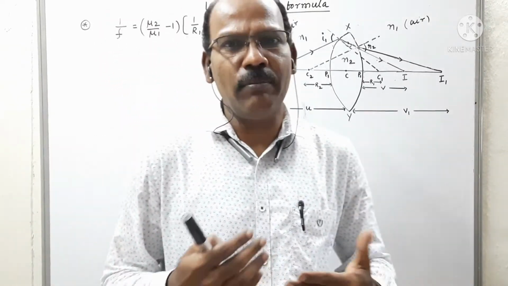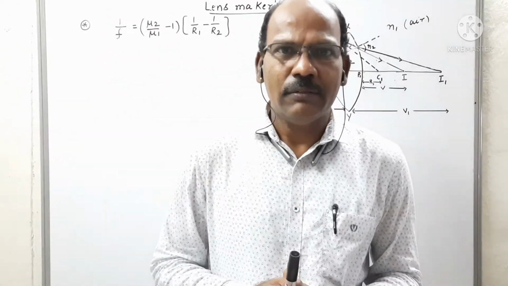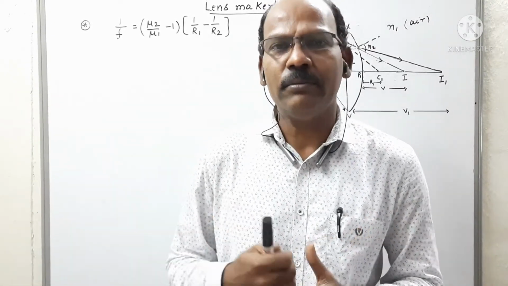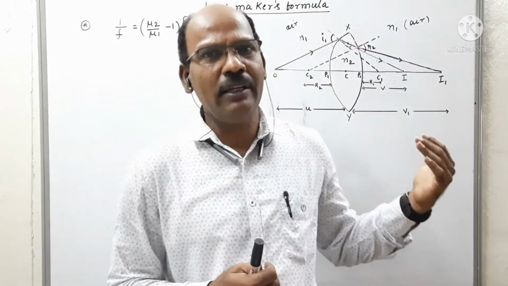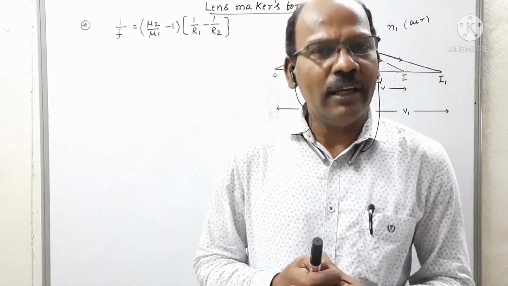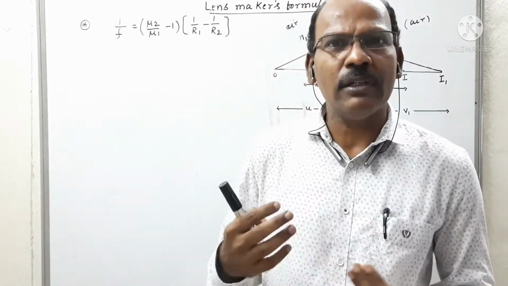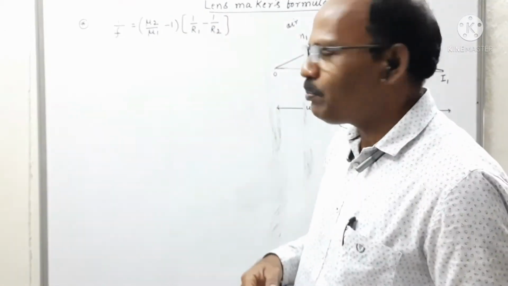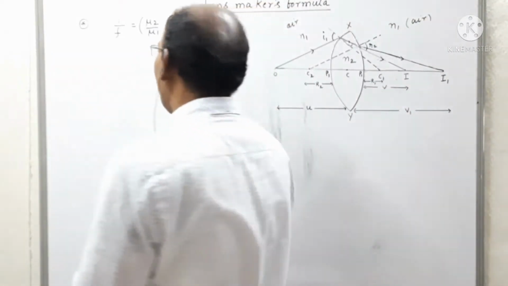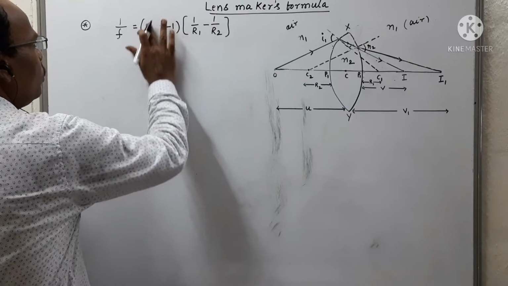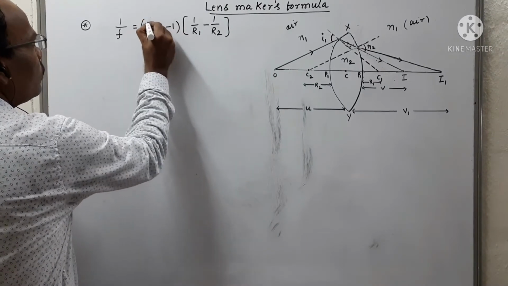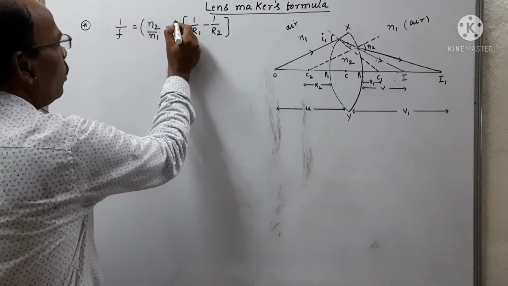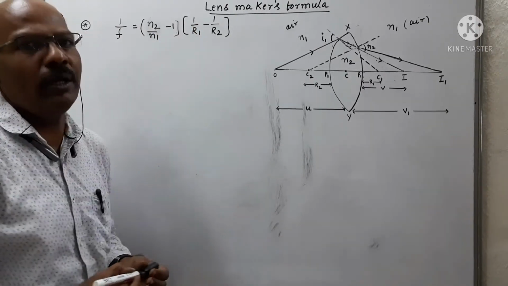So, Lensmaker's formula is the relation which explains among the refractive index of air medium, refractive index of material, meaning glass, and their radii of curvatures R1, R2 with respect to its focal length. So mathematically it can be written as 1/F = (N2/N1 - 1)(1/R1 - 1/R2).